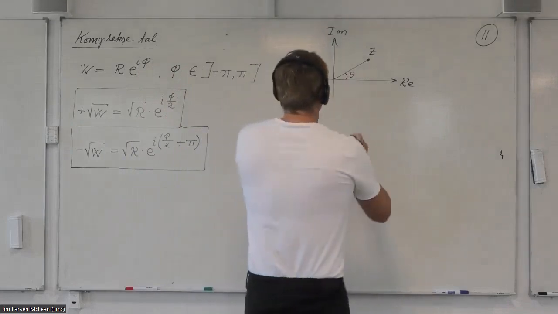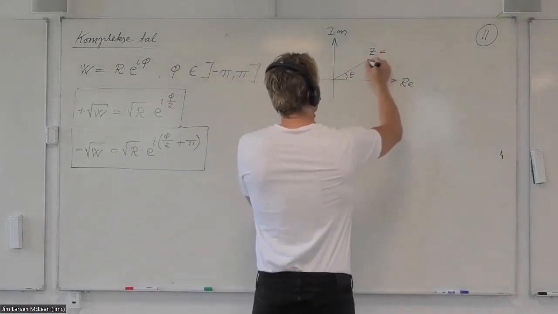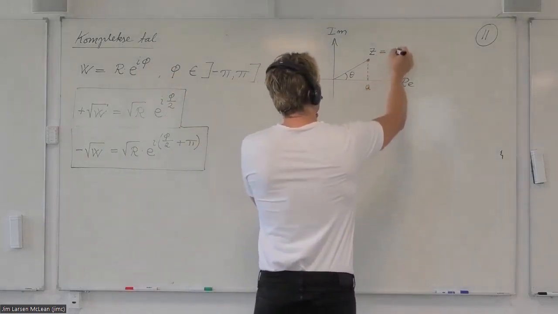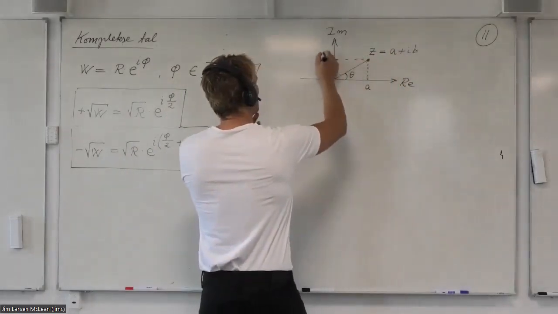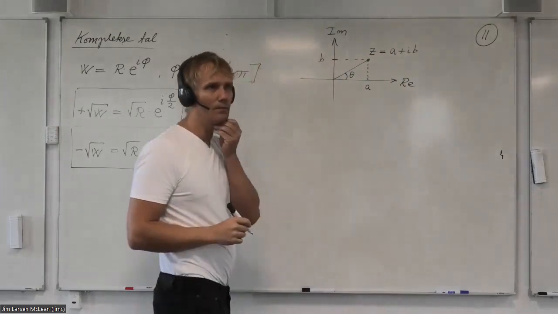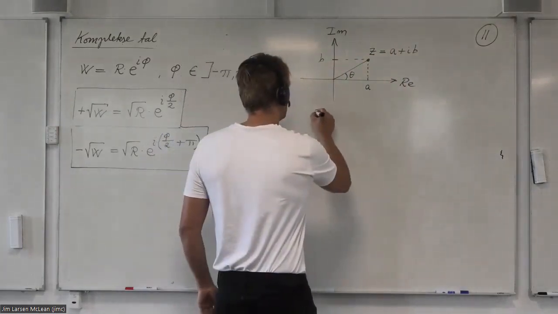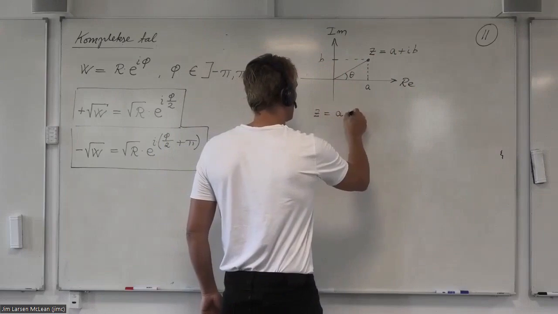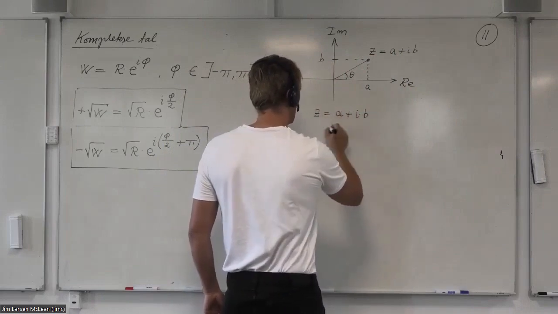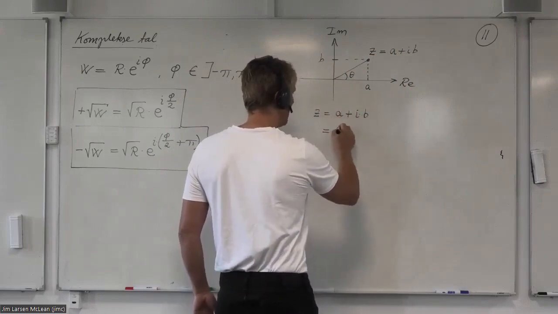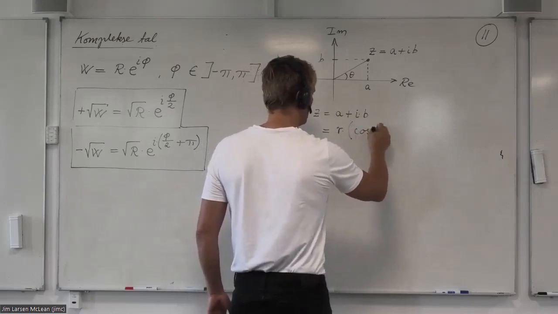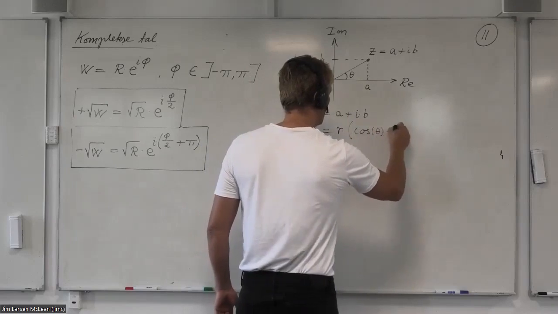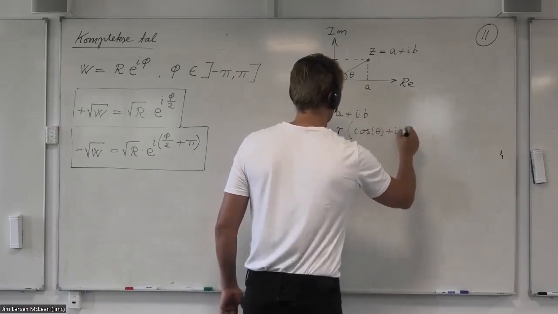So we've seen that it can be written as r e to the i theta, but it can also be written as a plus i times b. We also saw a little while ago that it could be written as r times the cosine of the angle plus i times the sine of the angle.